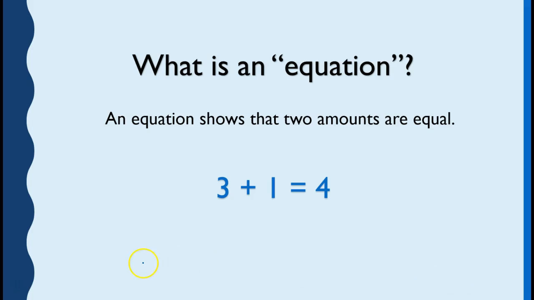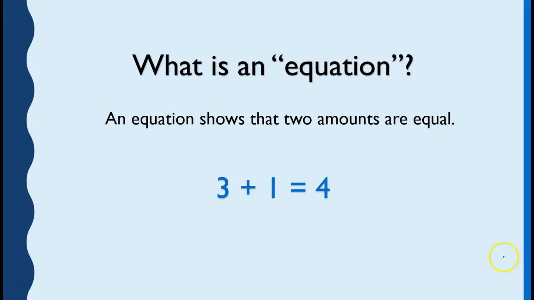So let's start off by talking about an equation. What is that? Well, it's pretty simple really, something that you've been looking at since kindergarten, maybe first grade, where you are looking at number sentences that say something like 3 plus 1 equals 4. An equation shows that two amounts are equal, and you're going to be using an equal sign.